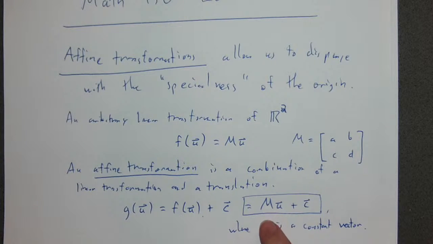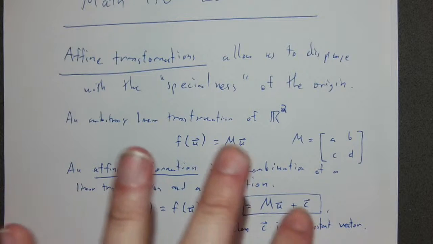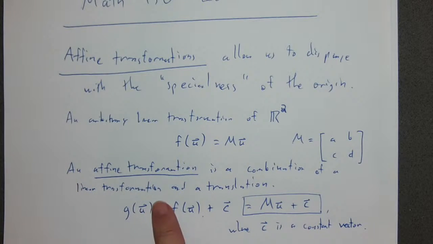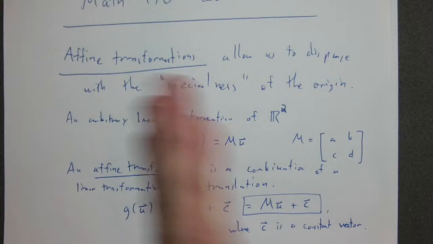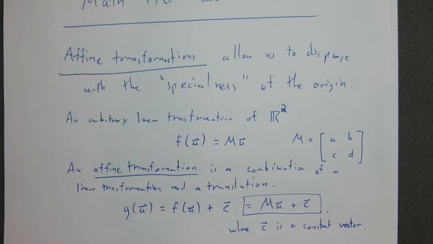Well, if I took M to be the identity matrix, then M times U is just U, and so this would just be the vector U plus C, which is a shift of that vector by the constant vector C. So then, what is it that affine transformations preserve? We already know what linear transformations preserve. What do affine transformations preserve? Well, translations is all we're adding in here.